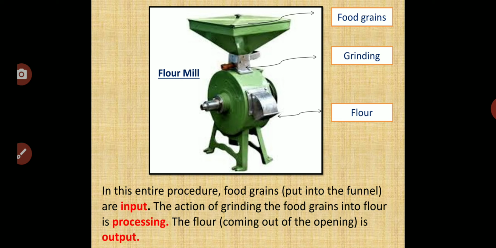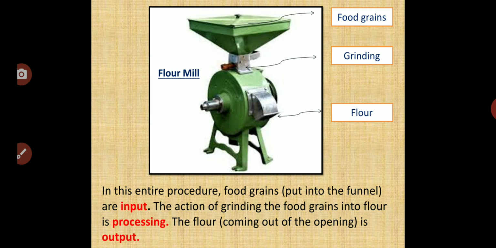In the same way we can take the example of a mobile. If the mobile is there, you dialing a number, that is known as input. Ring is going on, that is known as processing, and the phone pickup is known as output. Okay.